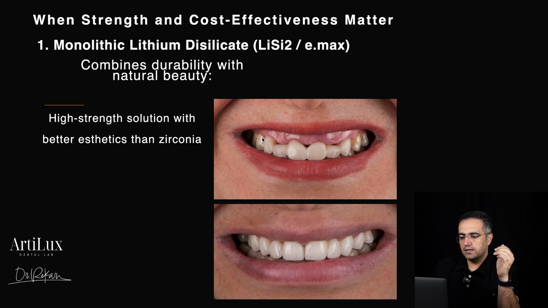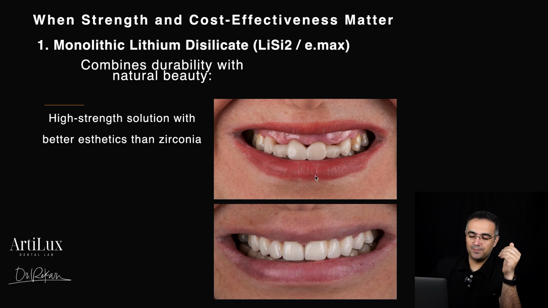Okay, this is part of a big case. We will do another presentation for this case, but this is one of the cases where I made a bridge with lithium disilicate because I need aesthetics in the aesthetic zone.